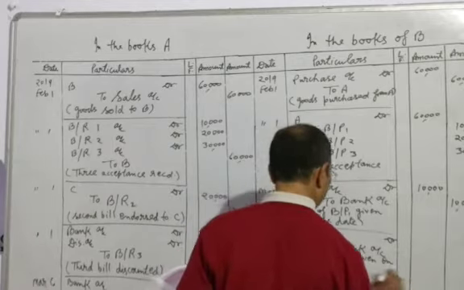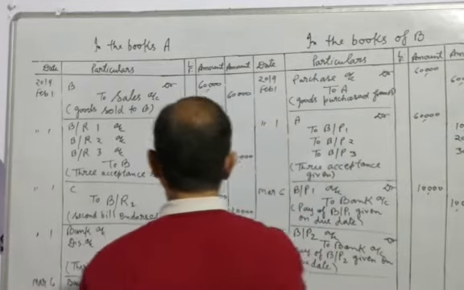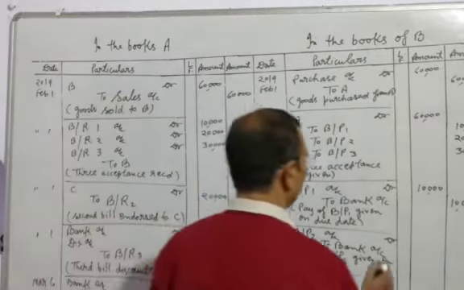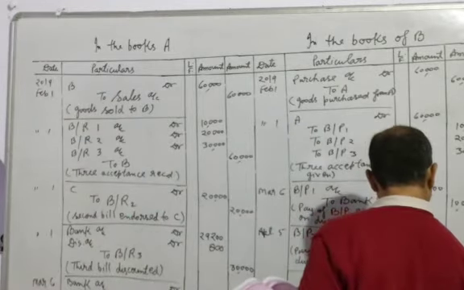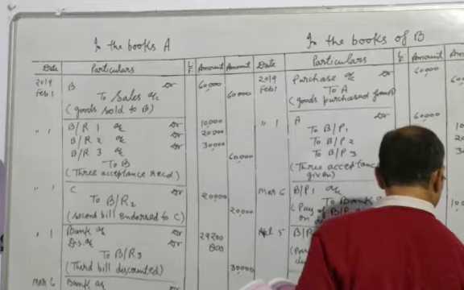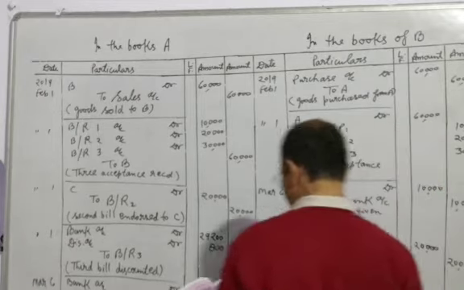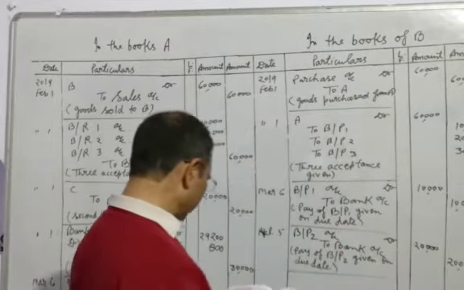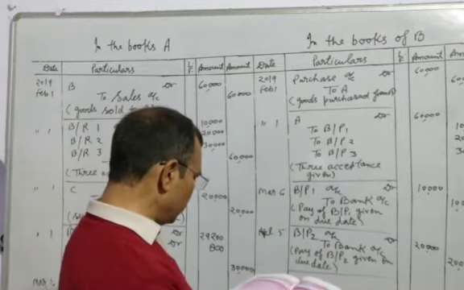And what is the amount? Amount of the second bill you can see 20,000. So we will write here that amount, 20,000.